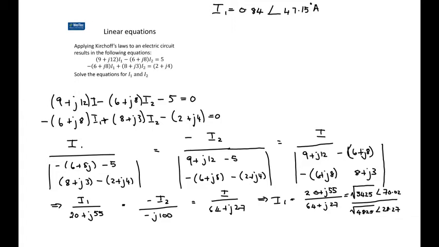And similarly, we can find that I2 is going to equal negative j100, which is 100 angle 90, over, and we've already worked out what 64 plus j27 is.